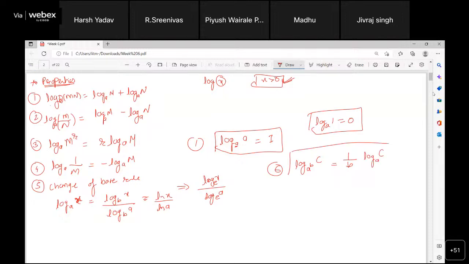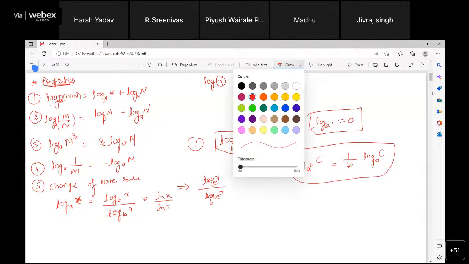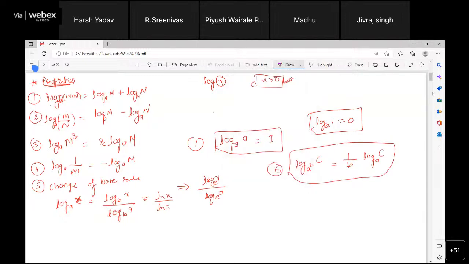So this is also an important property. But in general, please remember this one and the change of base rule. Once you apply the change of base rule first, all your expressions will have the same base. Then you can apply these 3 basic properties. These are derived from the basic ones only, so you can apply that.